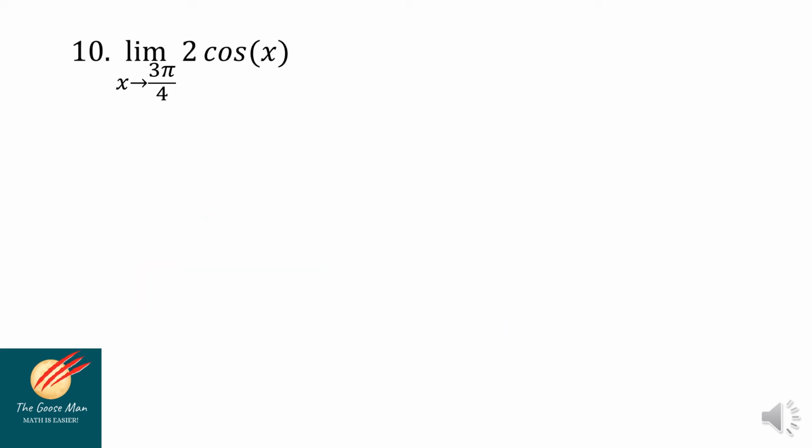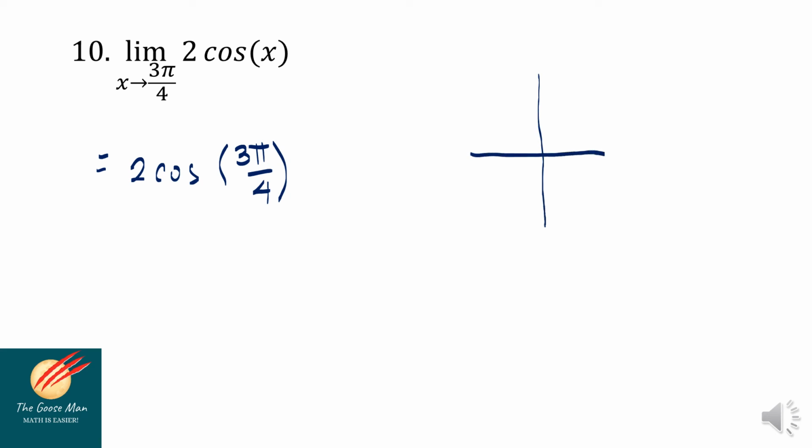Let's have 2 cosine x as x approaches 3 pi over 4. Let's substitute. So we can have here 2 cosine 3 pi over 4. If we use the Cartesian plane to locate 3 pi over 4, this is the terminal side of 3 pi over 4.